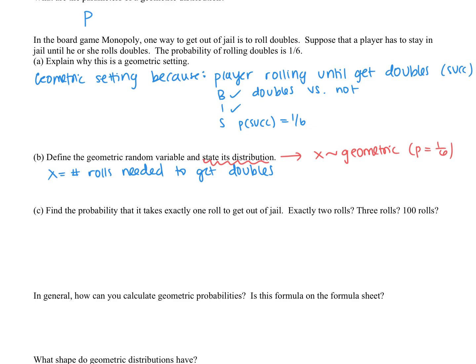What is the probability that it takes exactly 1 roll to get out of jail? 1 out of 6. Exactly 2 rolls. So 2 rolls would mean I didn't roll doubles, then I did.